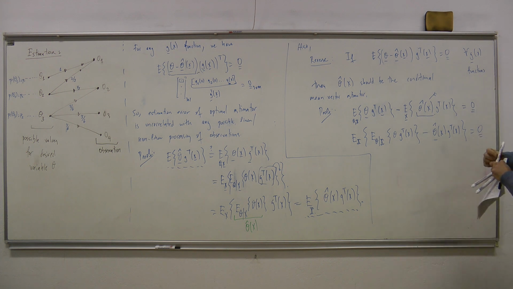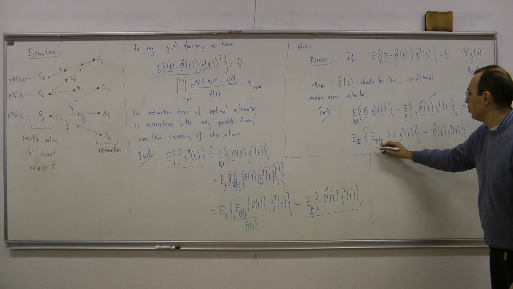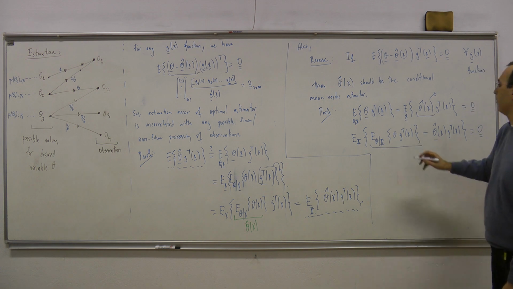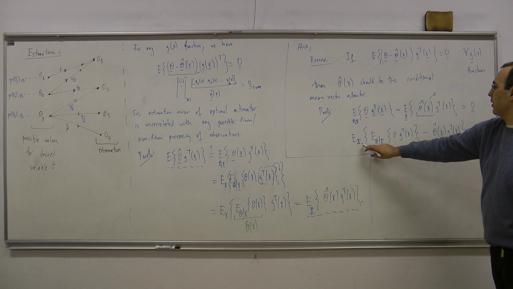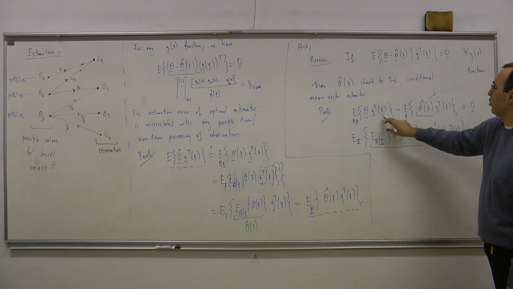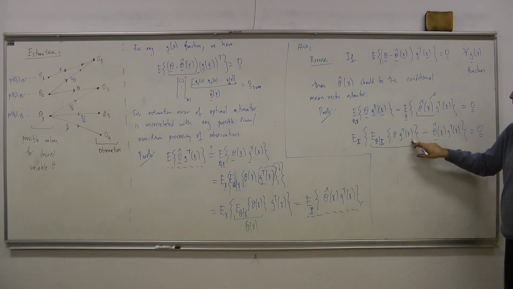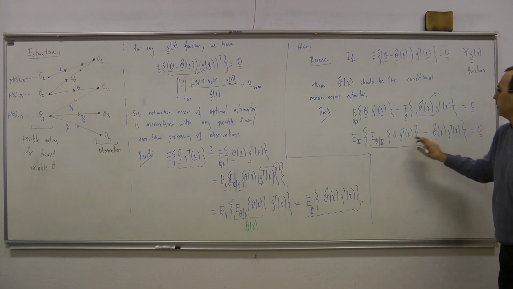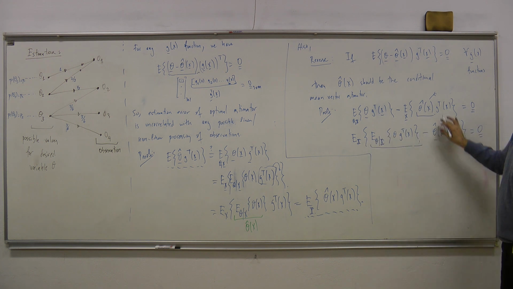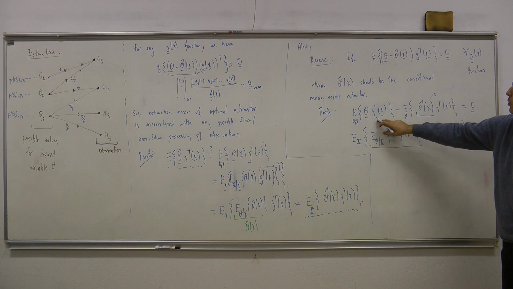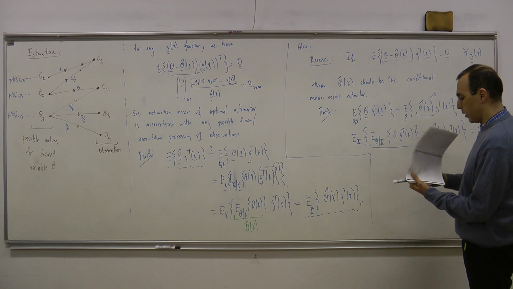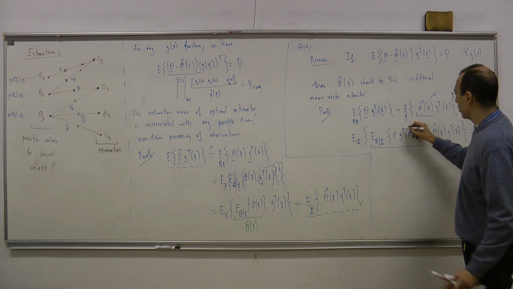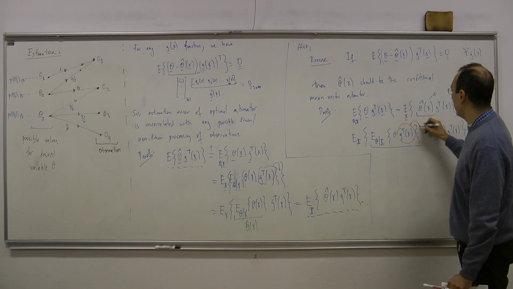So what did I do? Again, I have introduced this conditioning operation. If you evaluate the first part of this expectation, you get this term. Then minus the expected value of the second part, first term minus the second term. But for the sake of this expectation, I can take this one out.